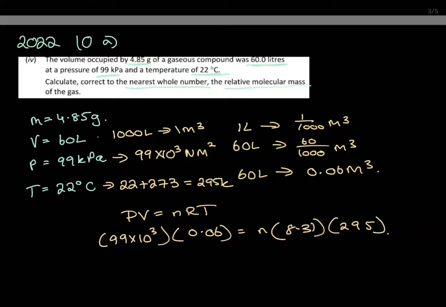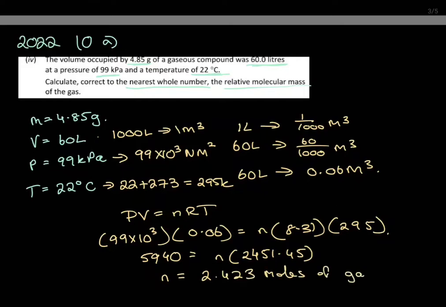If we work out the left-hand side this time, we're going to get 5,940 equals n times 8.31 times 295, which is 2451.45. With a bit of rearranging, we're going to get n to be 2.423 moles of the gas.